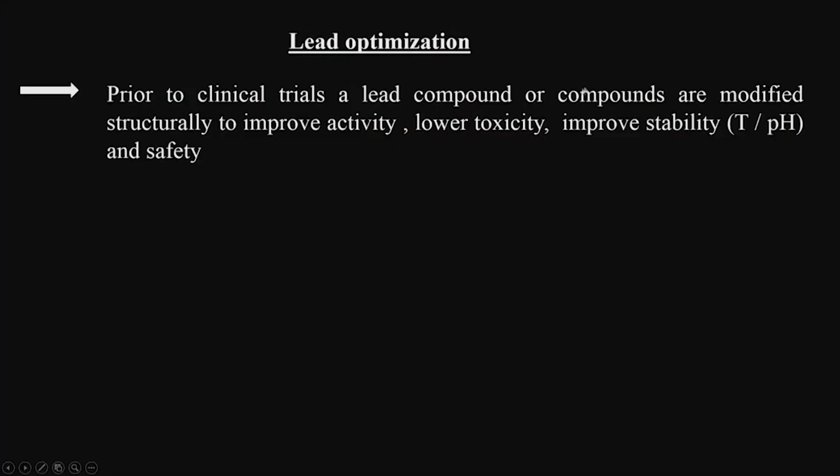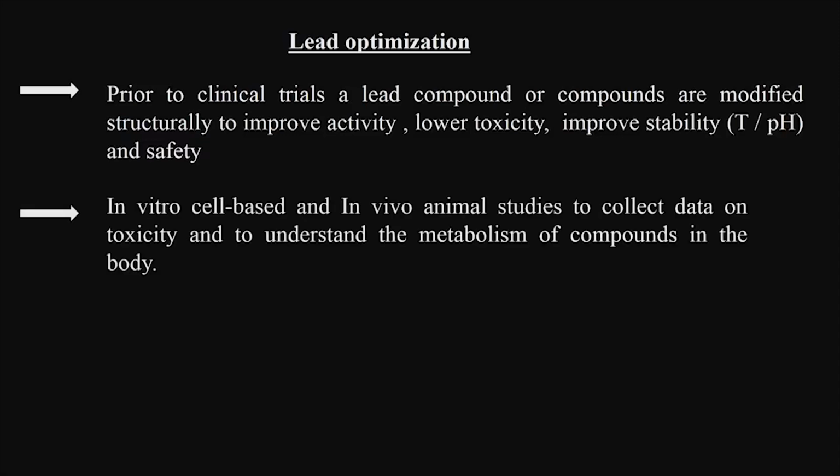That happens in cancer, because drugs for chemotherapy are not only very active in killing cancerous cells, but they can even kill normal cells. So, it is very highly toxic. Whereas a second best compound, that means a compound which is not as active as the first one, may have better stability or less toxicity or better pH stability and so on. So, that is the lead optimization part which we do.